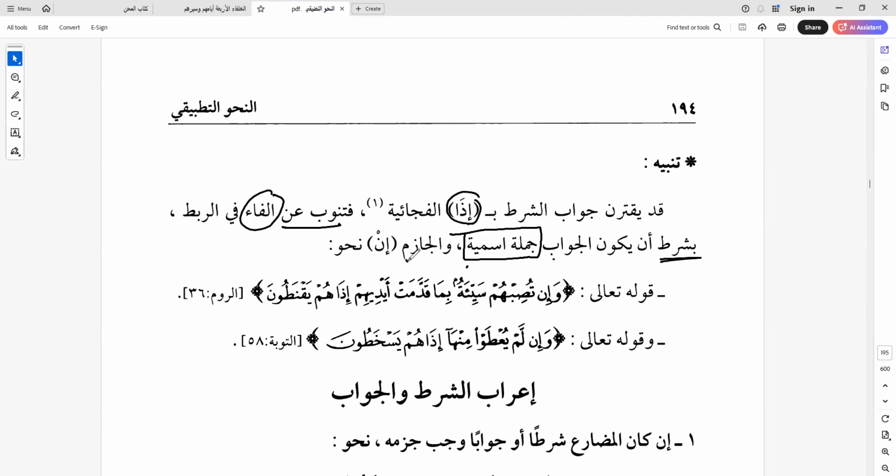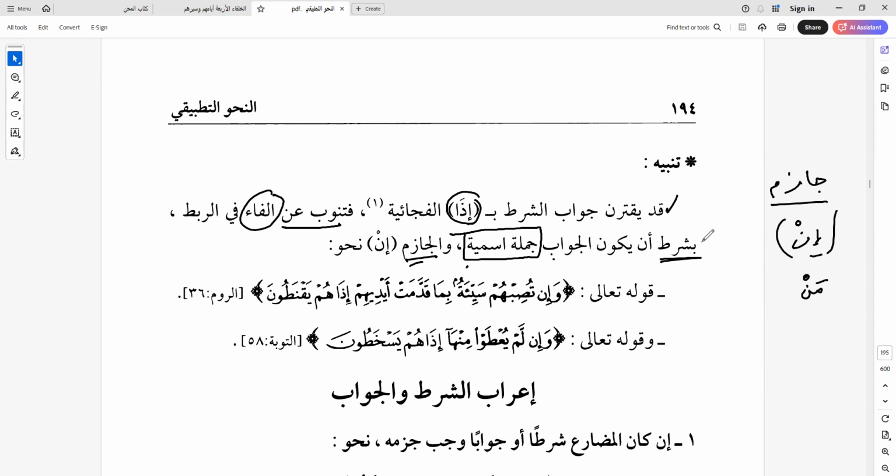And now والجازم. Now when we say jazm, anything that makes something jazm is jazm. We have so many. And the one that is required for this flipping or transformation is in. You cannot use like man, right? You can't use man.